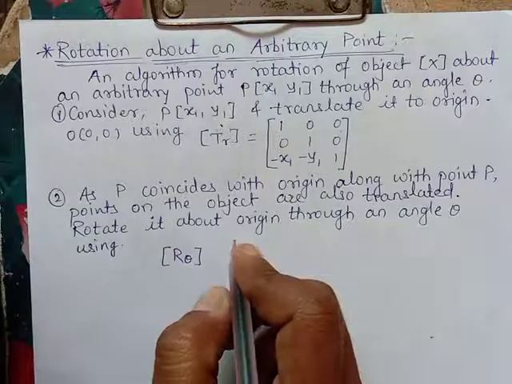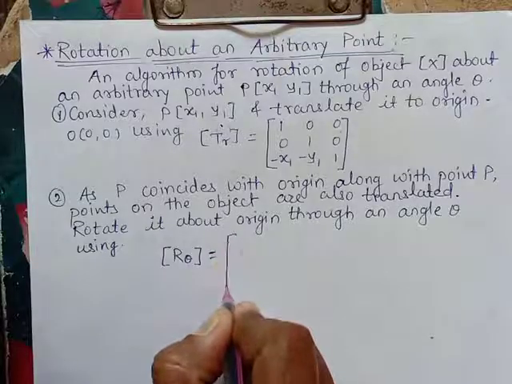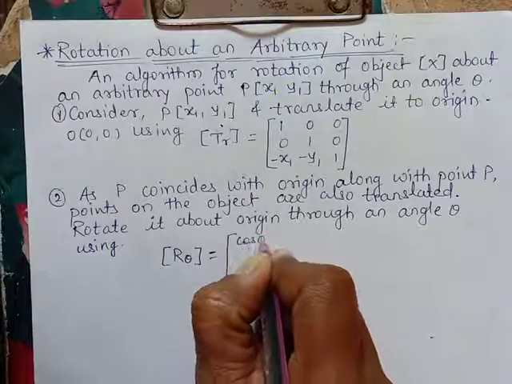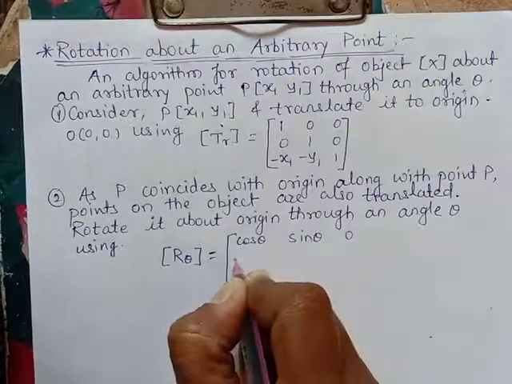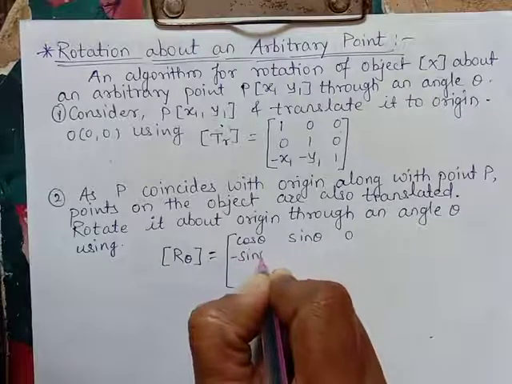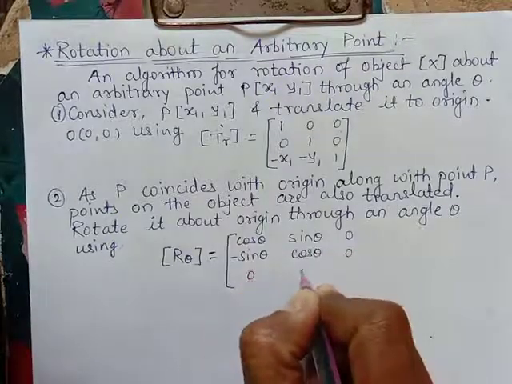Suppose that matrix is cos theta, sin theta, 0, minus sin theta, cos theta, 0, 0, 0, 1.